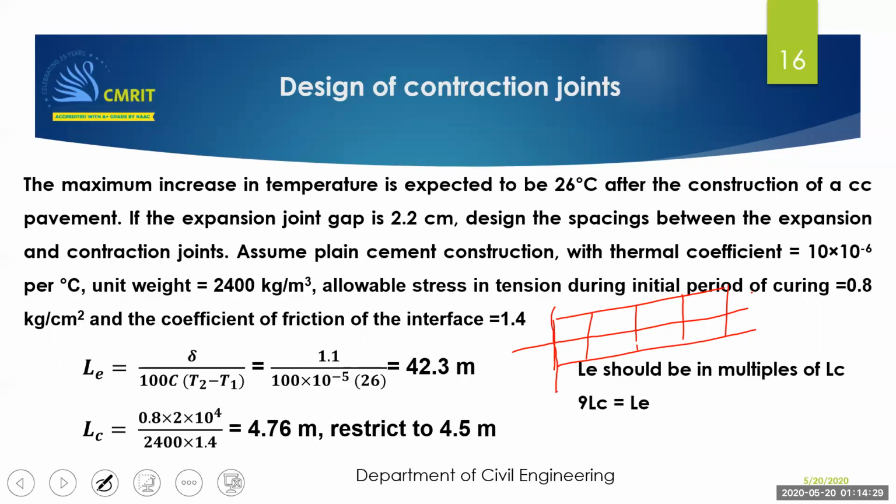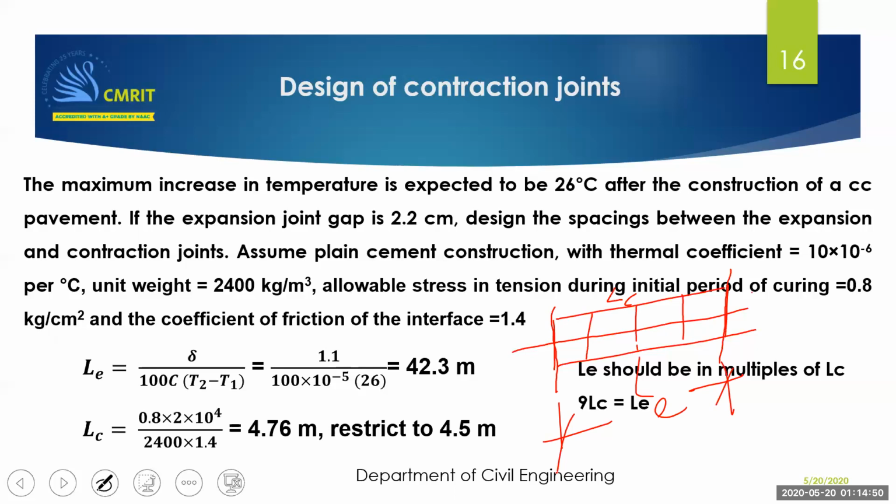This can become the expansion joint, so you cannot have another joint in between. This is going to be LC, whereas this is going to be LE. Because of this, we require to find out the value for LC also.